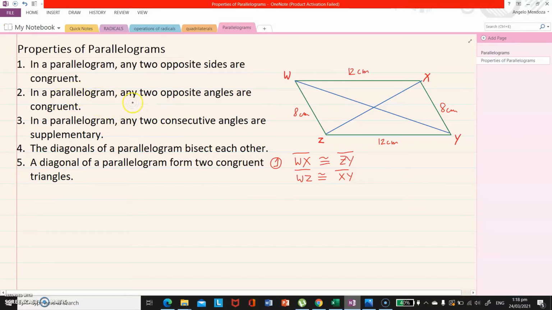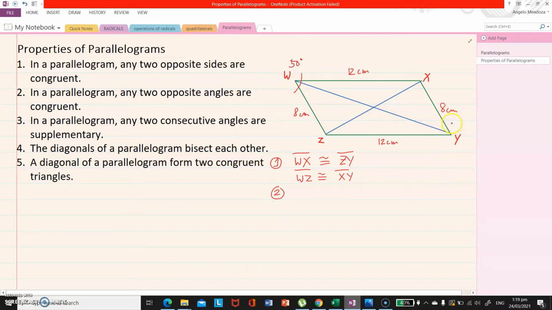Next, yung number 2 natin. In a parallelogram, any two opposite angles are congruent. So, nasan ba yung opposite angles dyan? So number 2, so you have angle W, say 50 degrees. Okay, so the measure of angle W is 50 degrees.